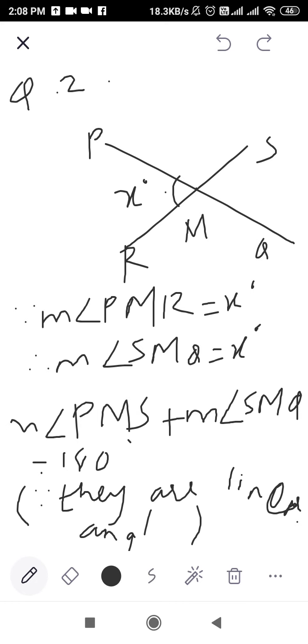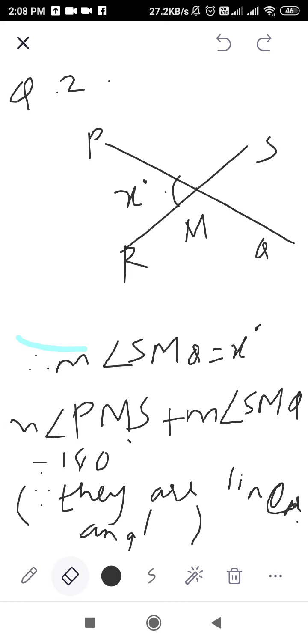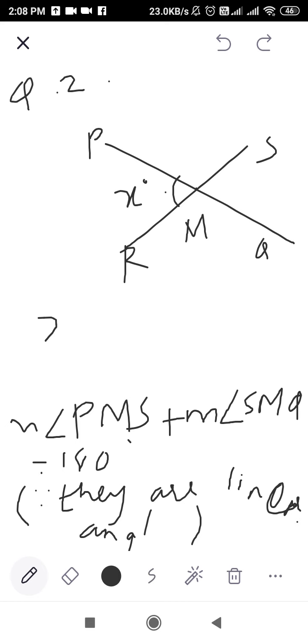Now, PMS and SMQ. So now PMS is what? We have to find angle PMS, right? So we'll keep it as it is. PMS is equals, measurement of angle SMQ is what? x.